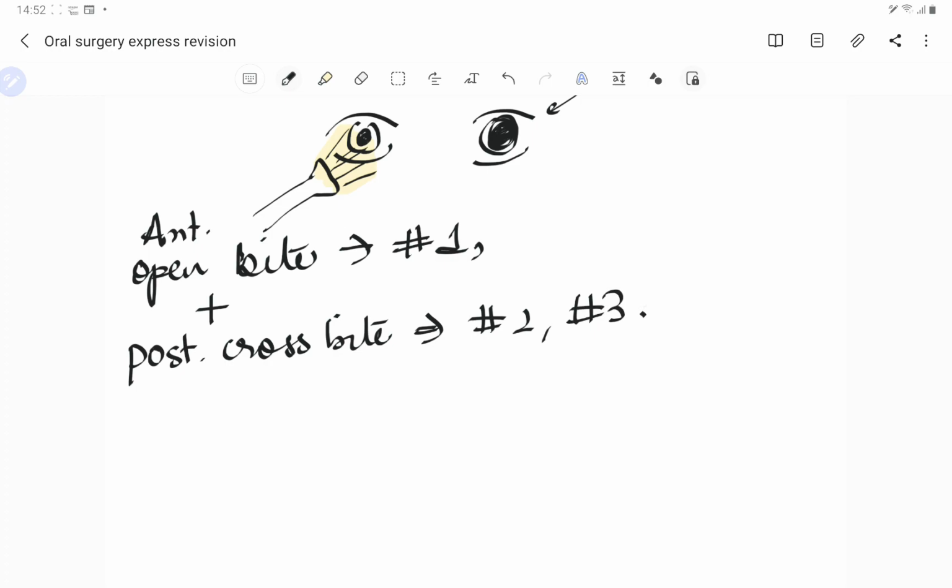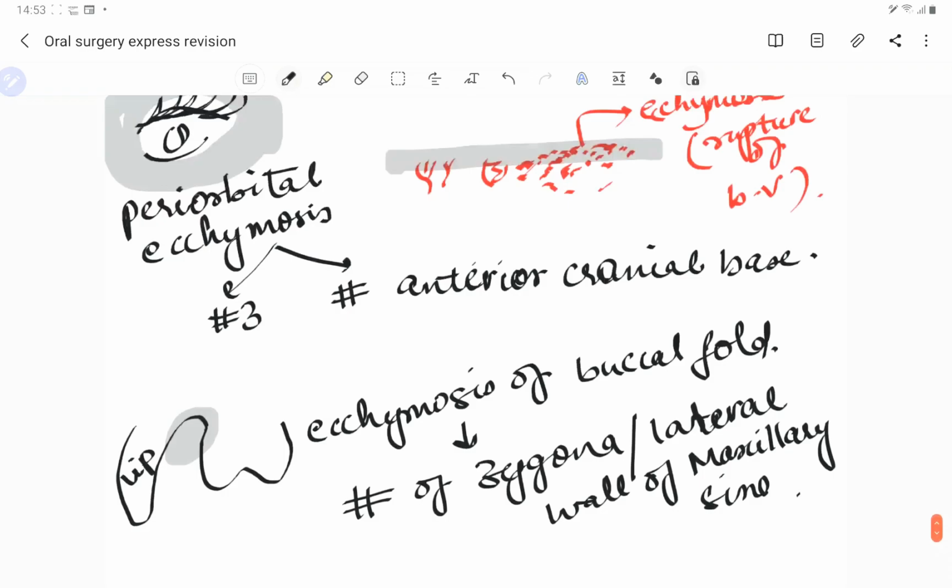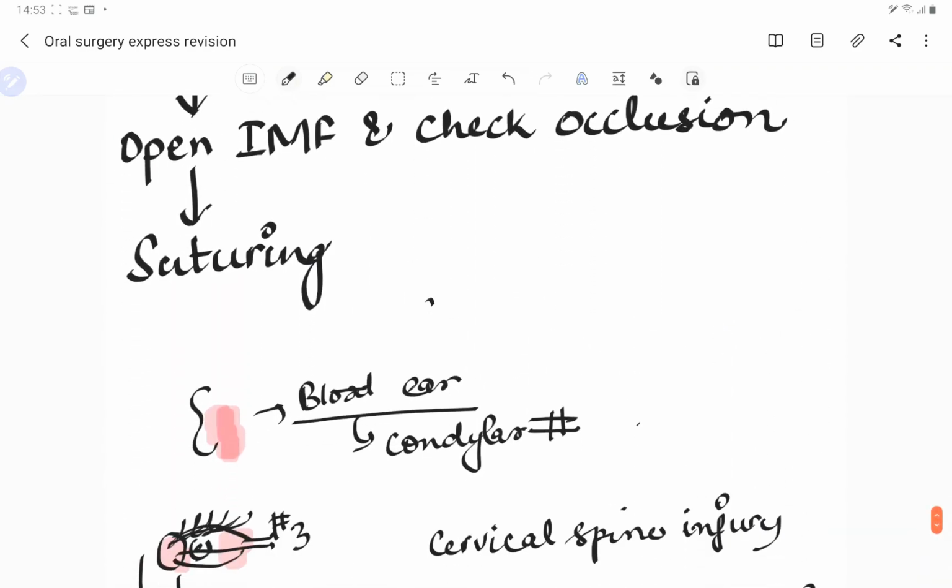All these things we have covered in the clinical part. So this is the clinical examination that we have to do when the patient comes to us after a fracture.